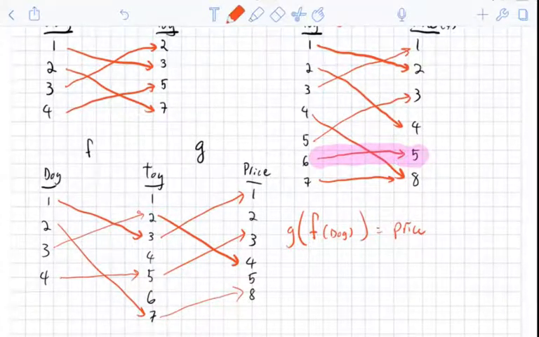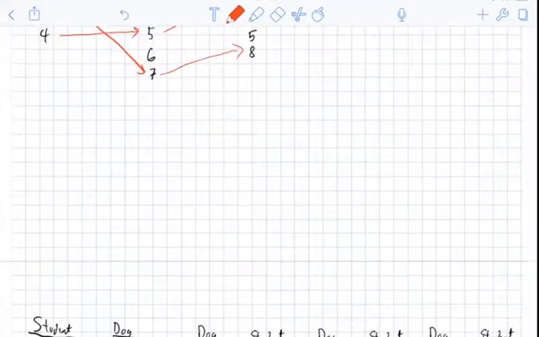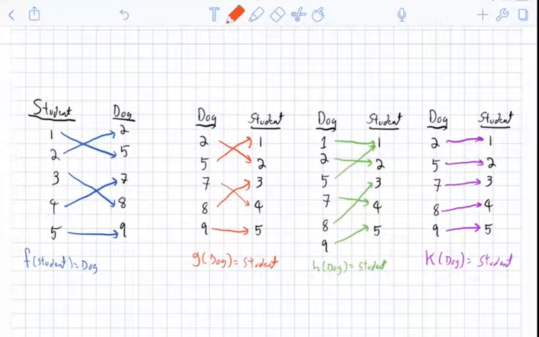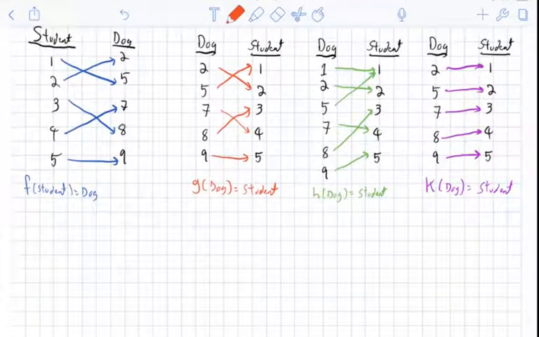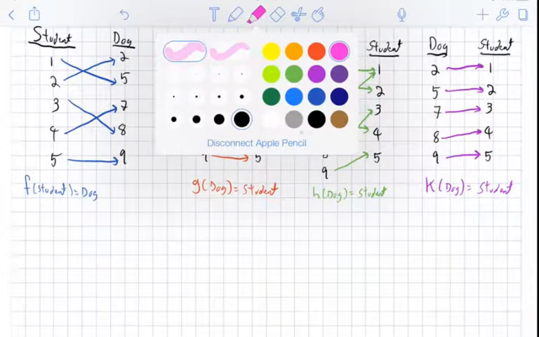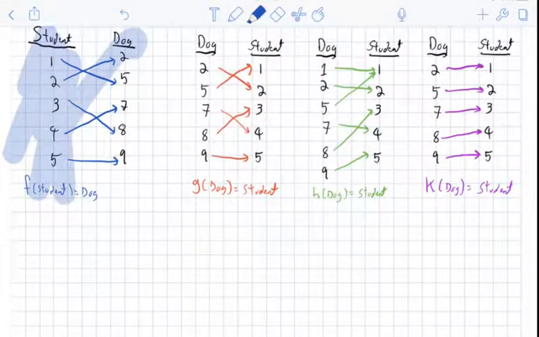Anyway, it's pretty fun. So we're going to use essentially the same way of composing functions to talk about testing to see if a pair of functions are inverses. So behold, here are three functions. This first one over here, you start with a student and then you get a dog number.